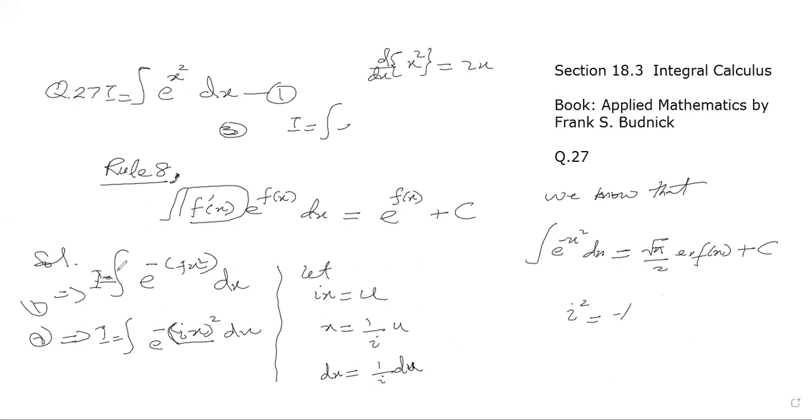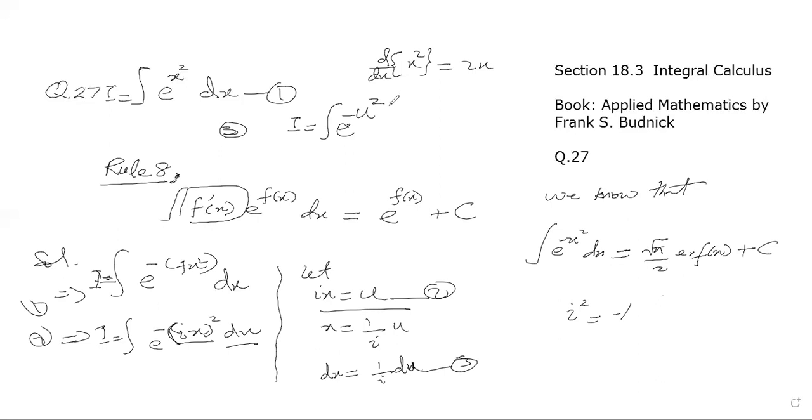You can choose another variable, let's suppose A, B, C, whatever you want. So I is equal to the integral of e raised to the power minus iota x, where iota x squared is equal to u squared, and dx is equal to 1 over iota du.